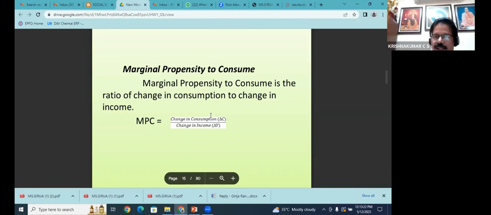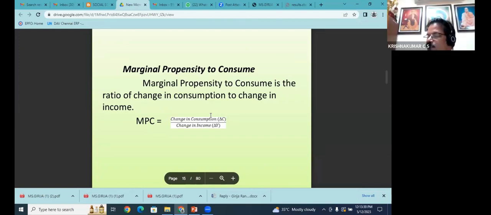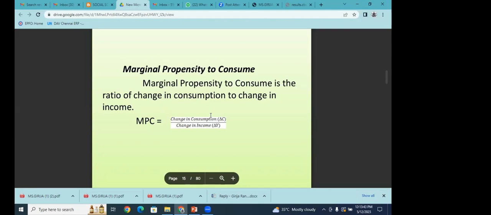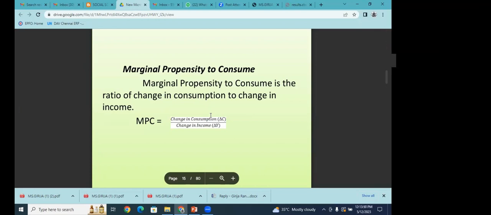Out of this 10,000, he is consuming 2,000. So what is the change in consumption, delta C? 2,000. Delta C by delta Y is 2,000 divided by 10,000. How much will you get? 0.2. With such an example, you can make it clear to them.